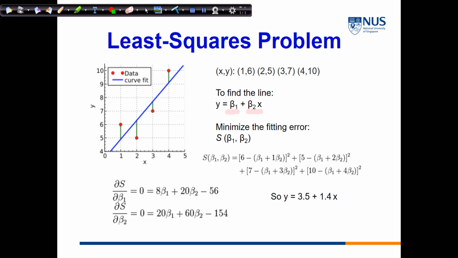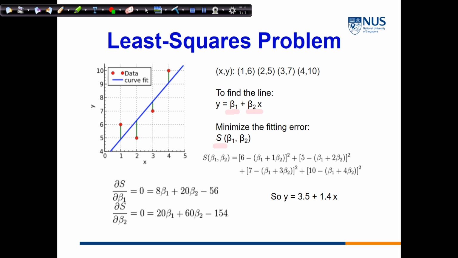But recall that when we see the data fitting problem, the model parameters for your model here are beta 1 and beta 2. When you formulate this optimization, the objective becomes the fitting error, as we labeled here.